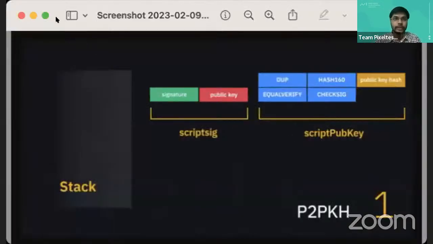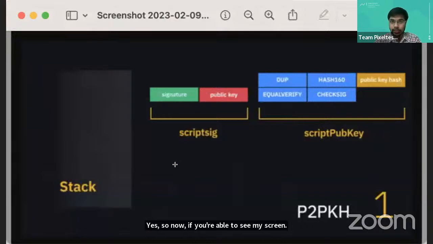Yes. So now if you're able to see my screen, what happens in this stack is, first, the stack is empty. And if you remember, we have the script signature that is coming from the input. And there is also the PK script, the public key script, that is also coming here.